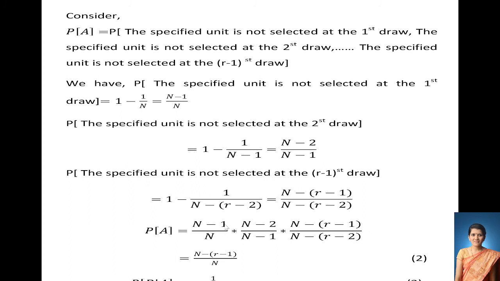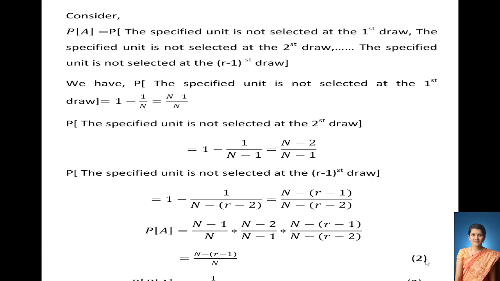This is the probability of not being selected at the r minus 1th draw. So multiplying all these probabilities, we get the probability of A as N minus 1 divided by N into N minus 2 divided by N minus 1 into the last probability, N minus r minus 1 divided by N minus r minus 2. The N minus 1 gets cancelled, and likewise the numerator and denominator terms cancel, and the last remaining term is N minus r minus 1 divided by N. This is the probability of A.